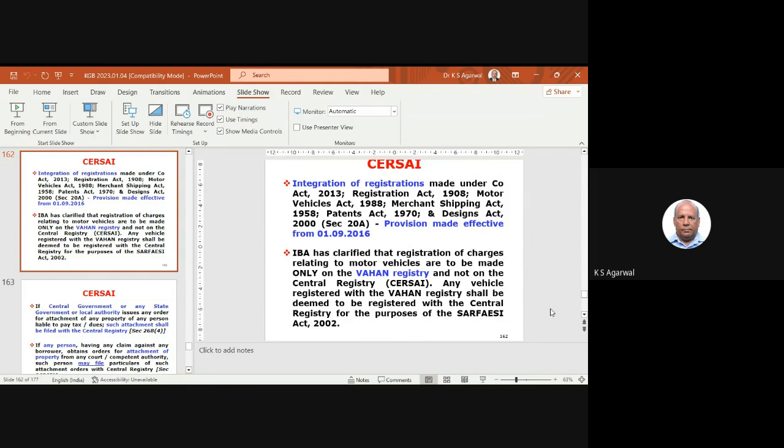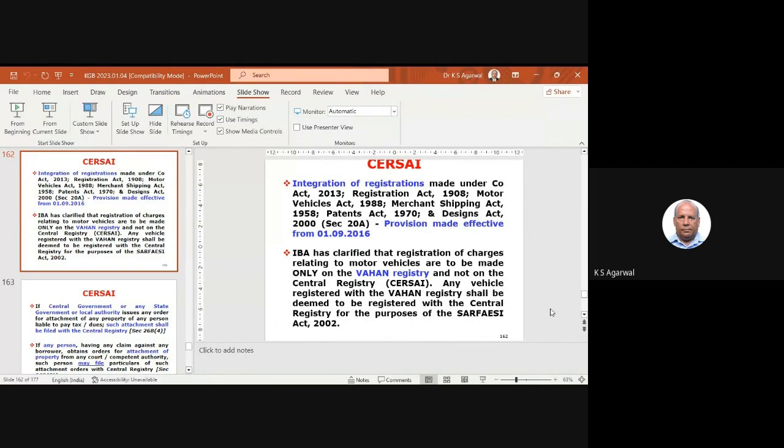Now IBA has clarified that the bank need not register their car vehicle loan on two portals, on Vahan or SARFAESI. They have to register only on the Vahan portal.